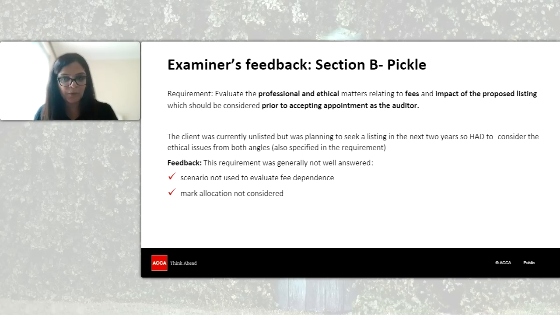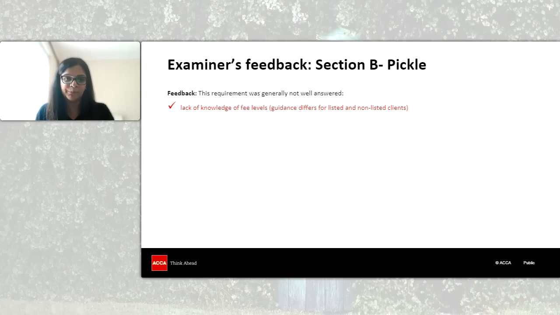The feedback was that the students did not read the requirement carefully. They were not using the scenario to evaluate fee dependence, and they did not write enough to get the available marks. So the mark allocation point basically means they hadn't written enough to actually get the marks that were available.